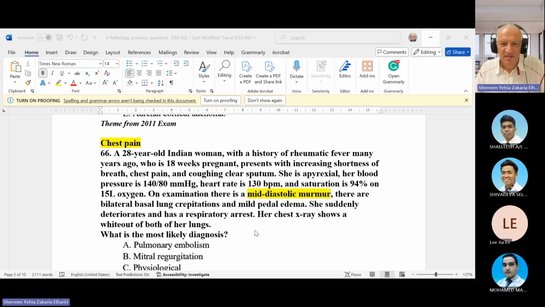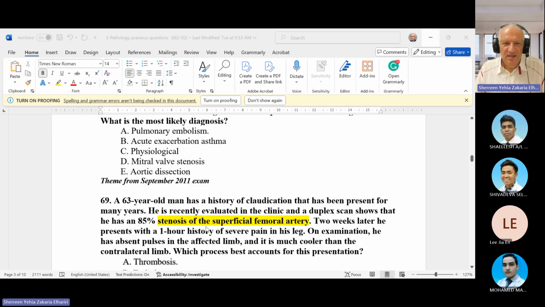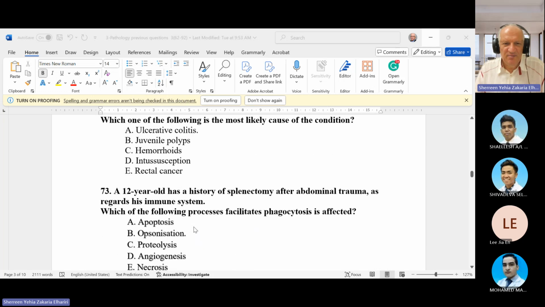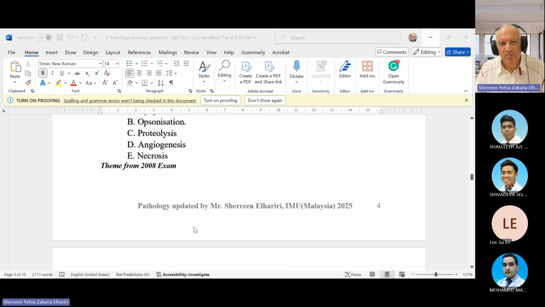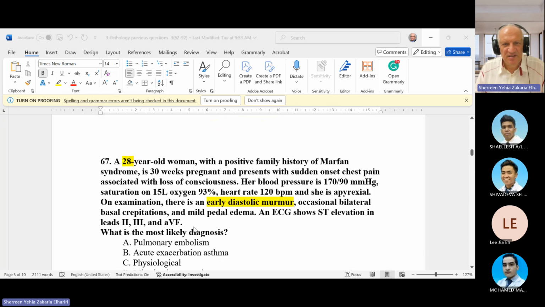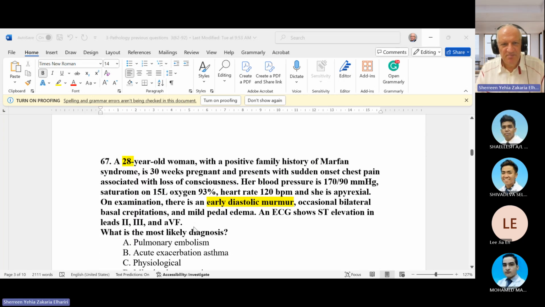The scenario is fixed, but what changes is the type of murmur, like mid-diastolic here, early diastolic here, and some other types of murmur. So this is very important. They consider these physiological questions, and sometimes they include them in pathology. So let's start one by one.